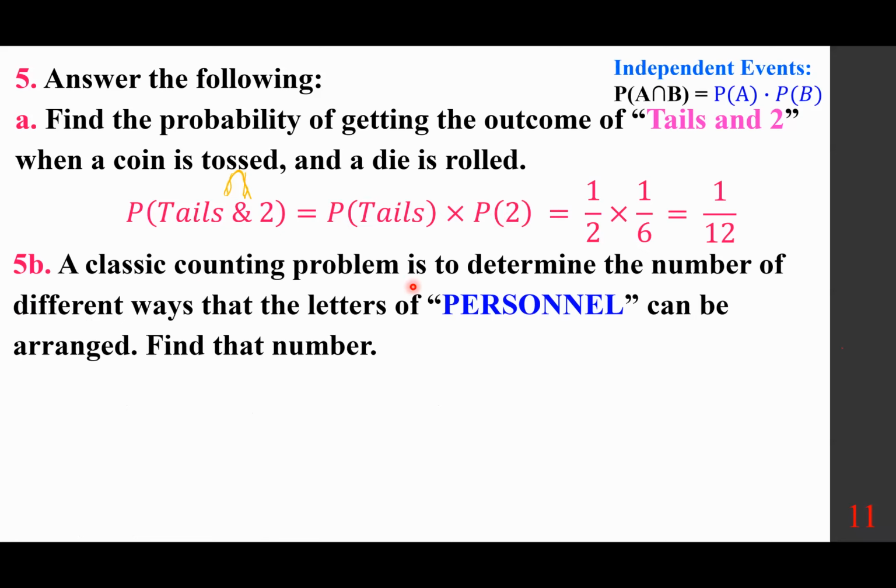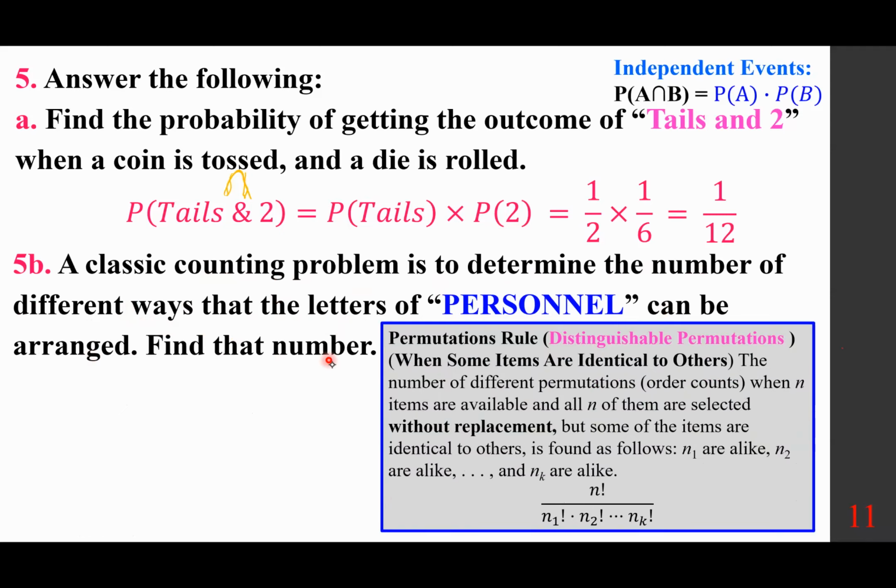A classic counting problem is to determine the number of different ways that the letters of PERSONNEL can be arranged. Find the number. First, can somebody read this permutation rule for us? Go ahead, please. Permutations rule, distinguishable permutations.